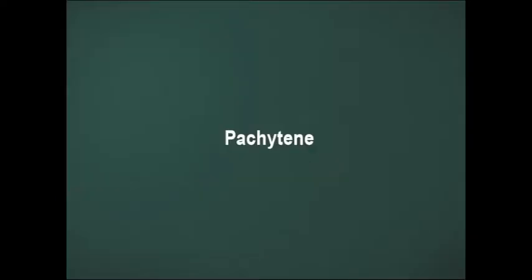Now let's come to the pachytene. In pachytene, the chromosomes contract longitudinally and they become thicker and shorter. In the middle of the pachytene, each homologous chromosome splits lengthwise to form two chromatids.